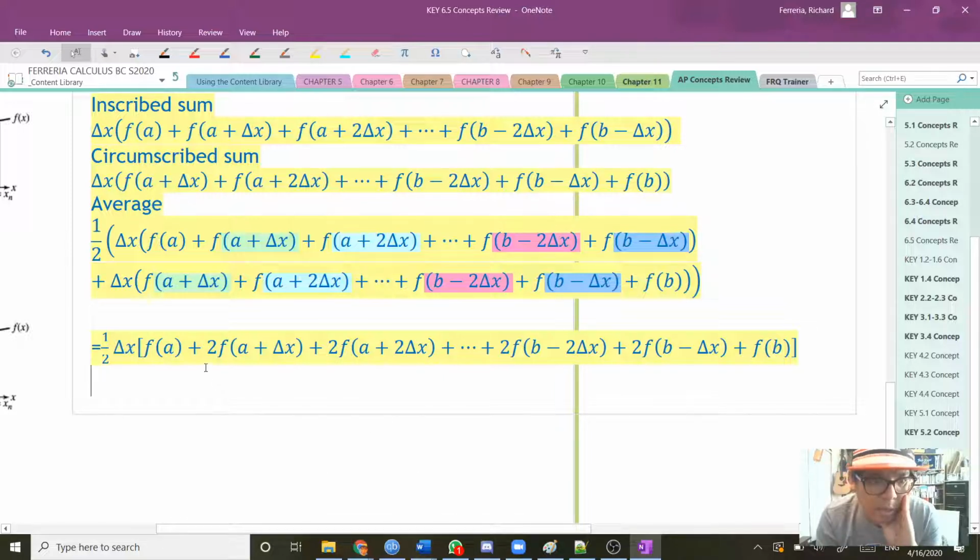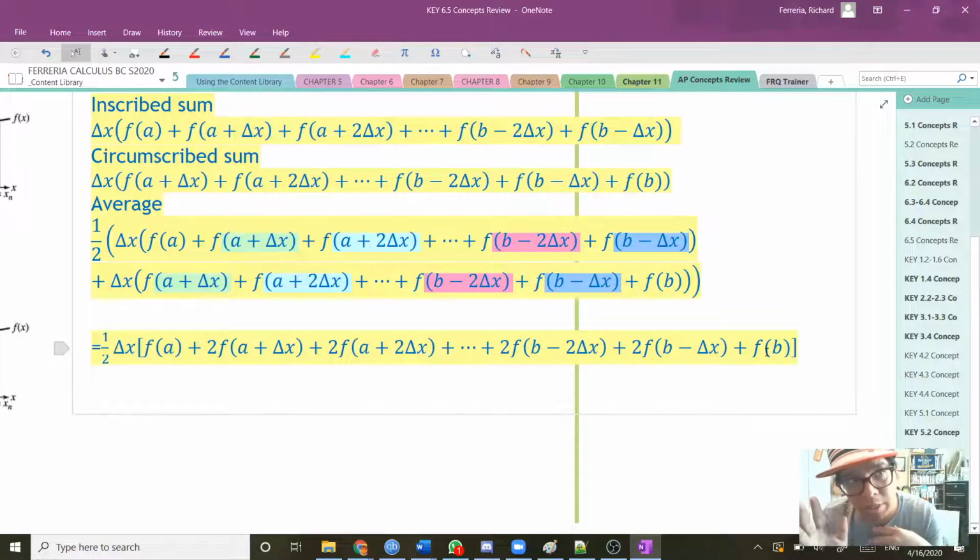Notice you have 2 times f of a plus delta x, 2 times f of a plus 2 delta x. Basically, all the interior terms of this sum are multiplied by 2, and the exterior terms, f of a and f of b, those are only multiplied once, mainly because f of a only occurs in the inscribed sum, and f of b only occurred in the circumscribed sum.